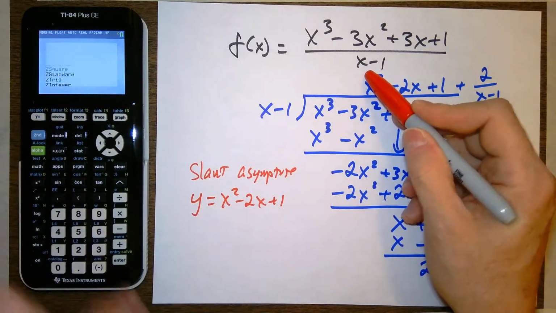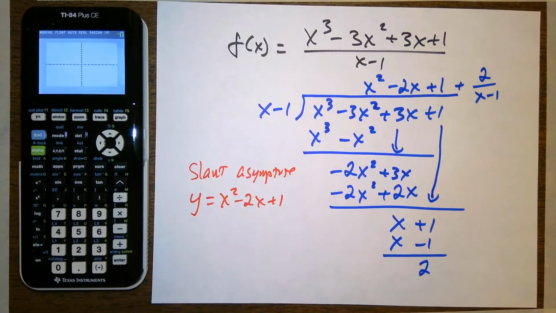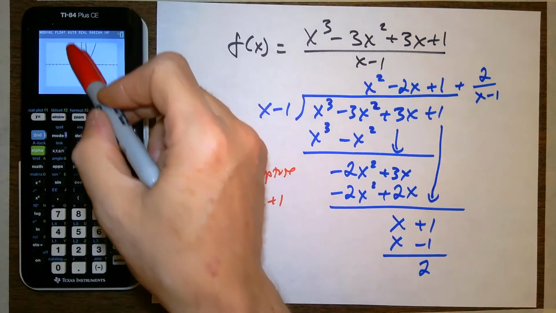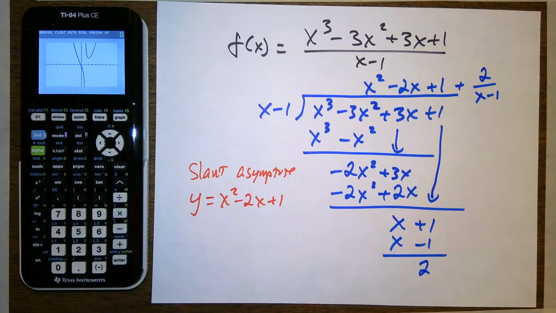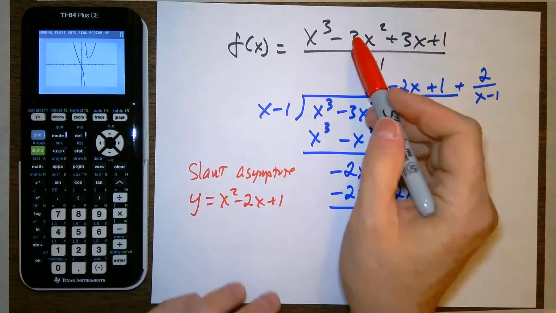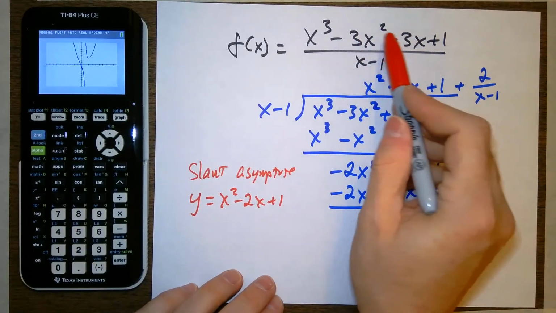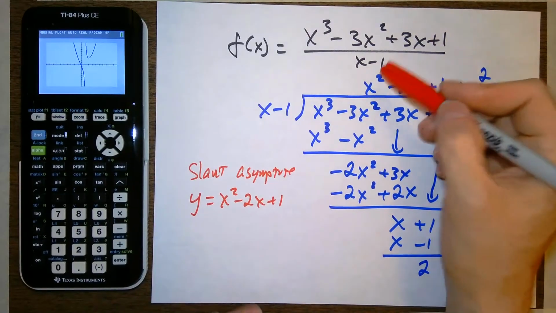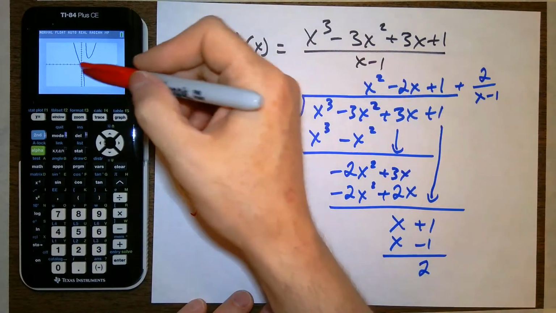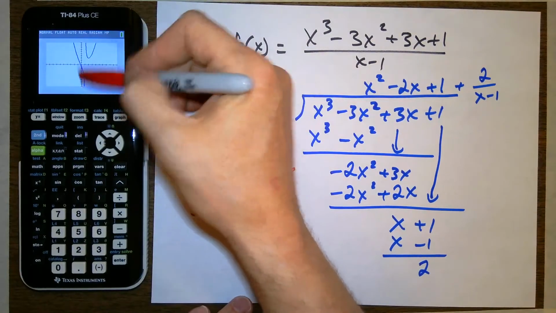And look at it at a standard viewing window so I can take a look at this strange function here. And you can see that I've got this part. Remember we said the y-intercept was -1. We can see that here. The x-intercept, if I set this equal to 0 and solved, apparently I'm only going to get one of those. The vertical asymptote at 1, here's 1. I can see that I've got a vertical asymptote there.